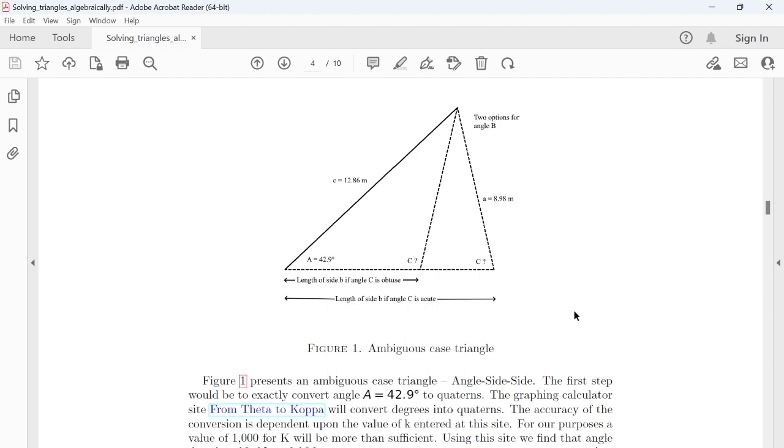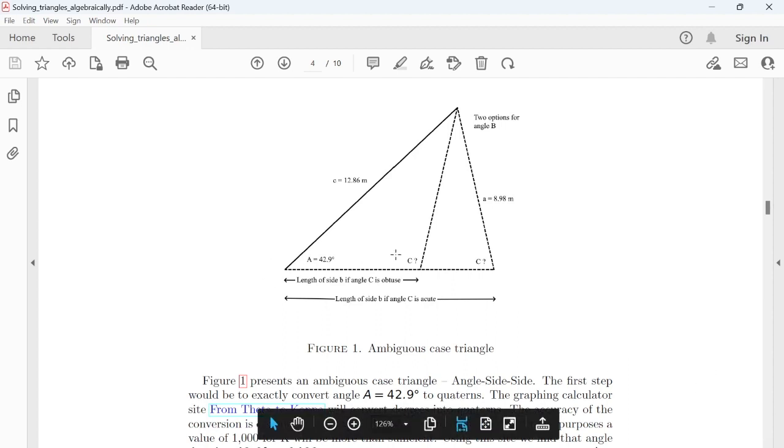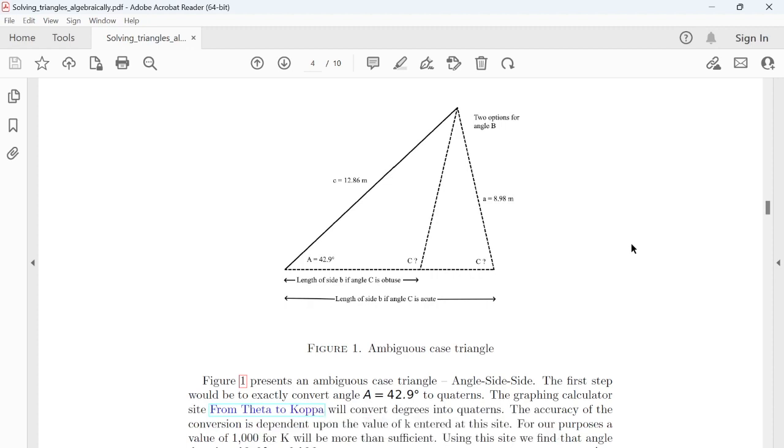However, I want to emphasize that if I was to give you coordinates for the ray that is forming side A, then all calculations could stay completely in quaterns, and you'd be able to totally solve the triangle.